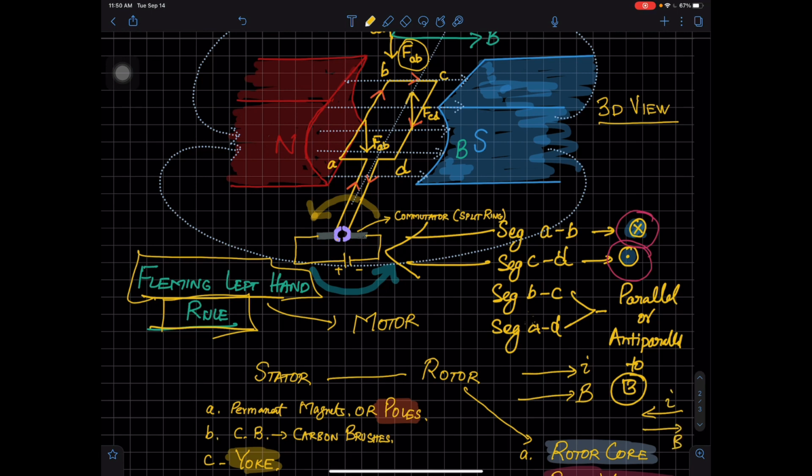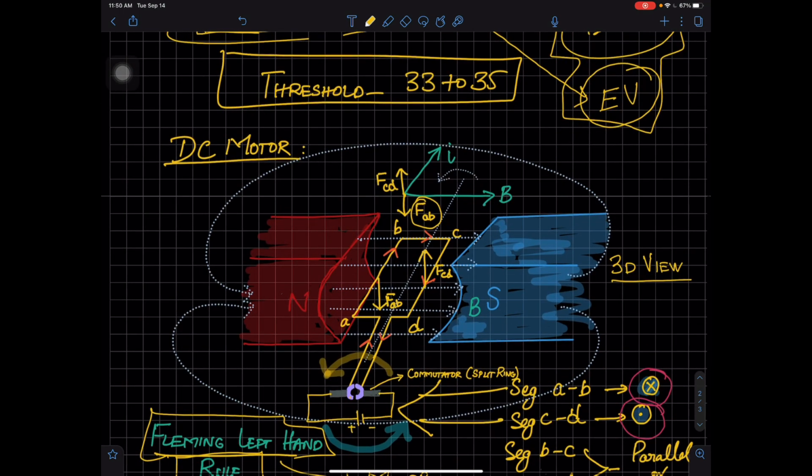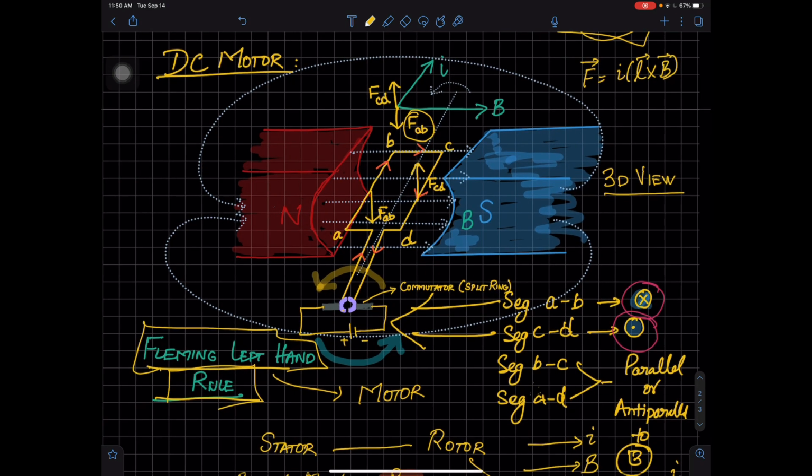So what is happening over here, if you remember your elementary classes, the formula for the force F was equal to I into L cross B. That was a vector product over there. So when the angle between the two vectors is 0 or 180 degrees, the force will not be produced.